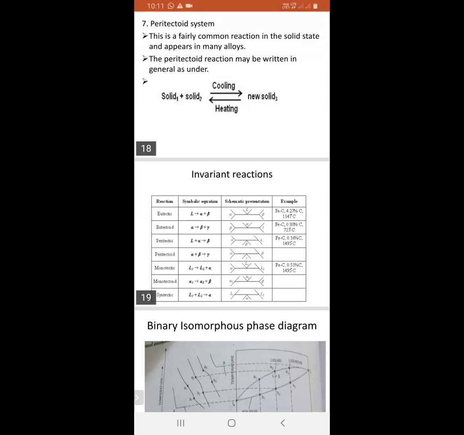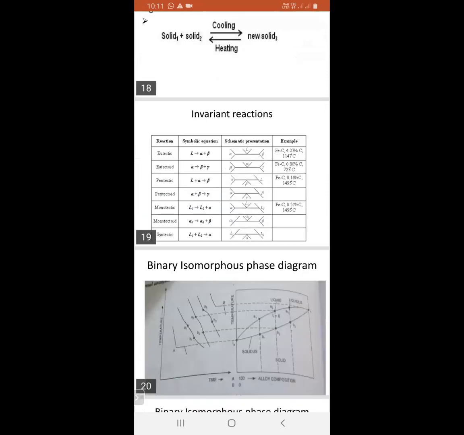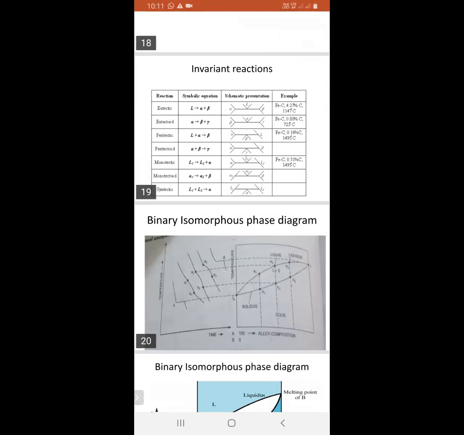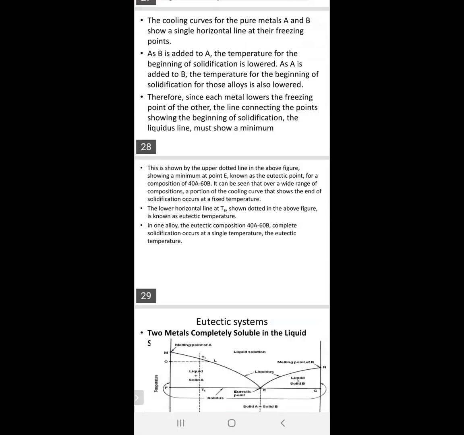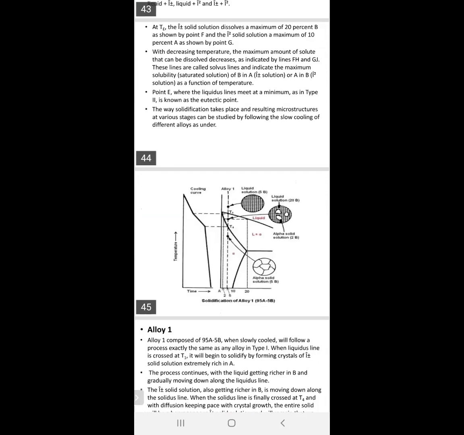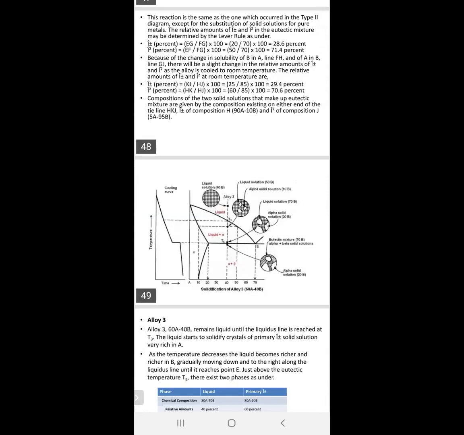Peritectoid means two solids give one solid. These are very important. Just remember these invariant reactions. If you understand that, then automatically what I am discussing will be understood easily.